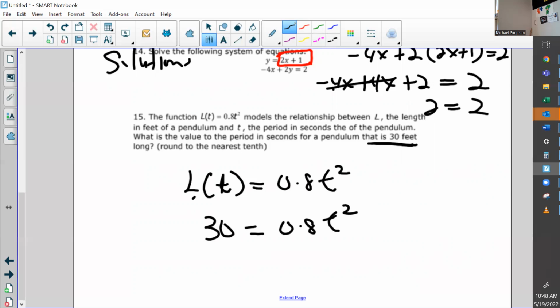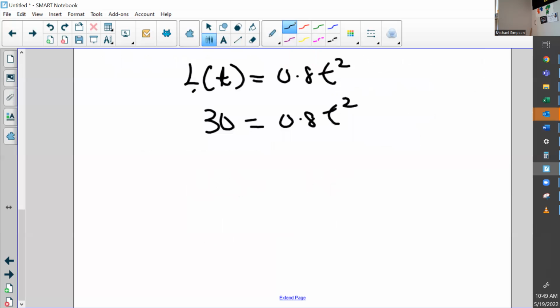Okay. And remember, we did this. You can do this two ways. I don't have my calculator with me, guys, but you can do two ways. Remember in class, 0.8 t squared. You can do the square root of 30 and then the square root of this, which is probably not the best way to go.